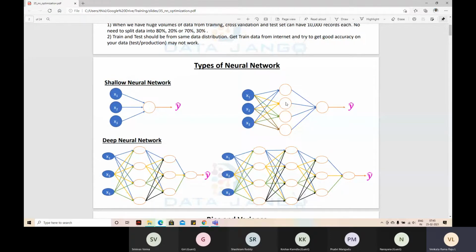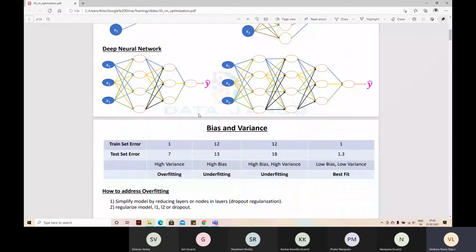One hidden layer is also called a shallow neural network. One or fewer hidden layers is a shallow neural network. More than one is called a deep neural network. Any neural network is called an artificial neural network. This is terminology, no need to be worried.